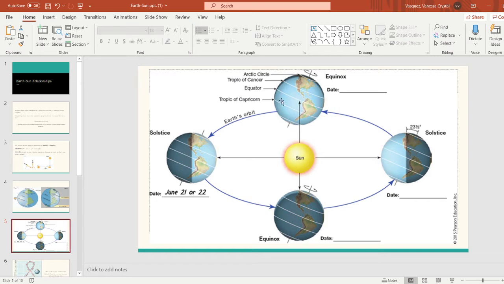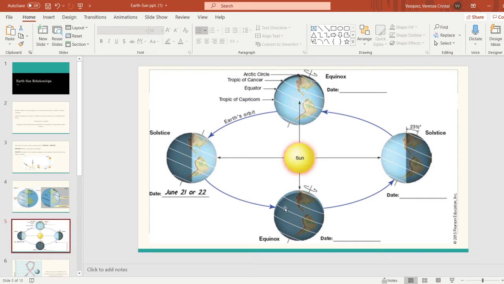basically in this part of the diagram, the sun is directly overhead at the equator, and this is known as the spring equinox. On March 21st, 22nd, the sun is directly overhead at the equator, and as the months pass by, the sun is directly overhead at the Tropic of Cancer, which is known as the summer solstice on June 21st or 22nd.